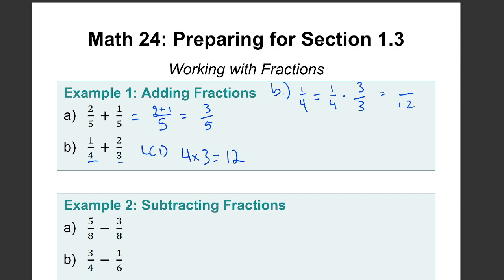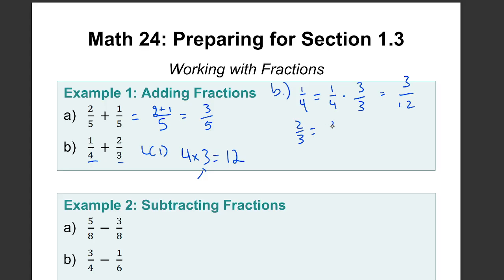So what I get is 4 times 3 on the bottom, which gave it that 12, and 1 times 3 on the top, which gives us a 3. Now I chose the 3/3 because that's the number we multiplied 4 with in order to get to 12. So I knew that that was going to be a good choice. Let's do the same thing with 2/3.